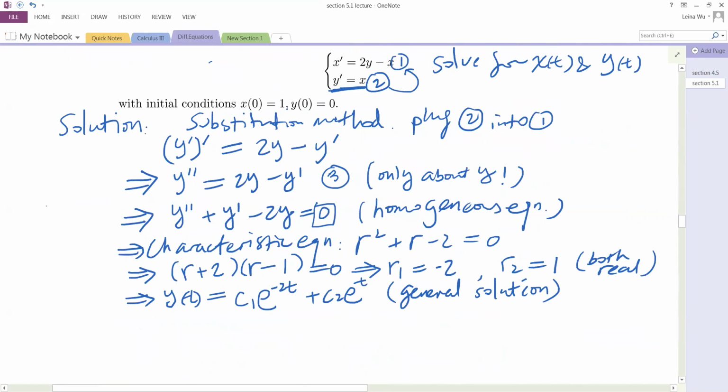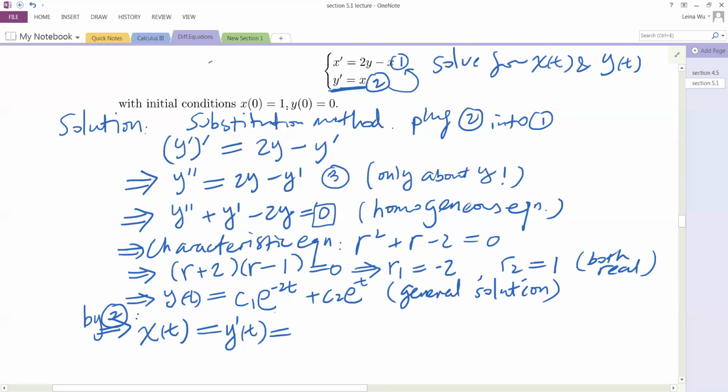Can we just take y prime? Yes. By equation 2, your x will just be y prime, the derivative of y.